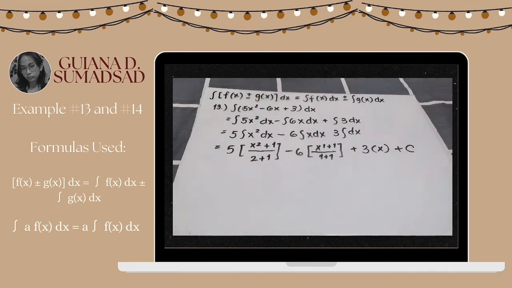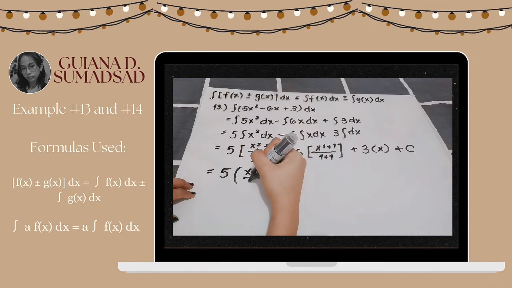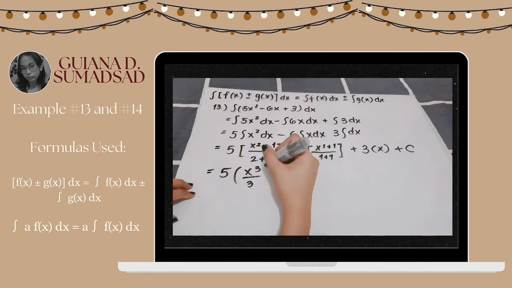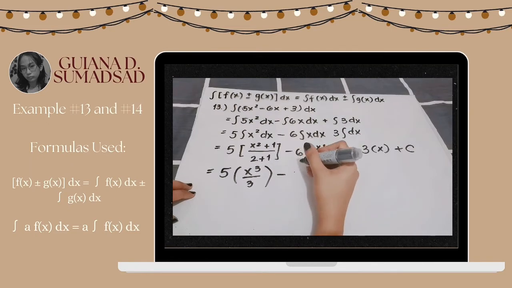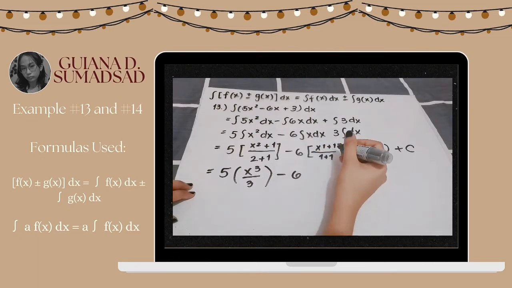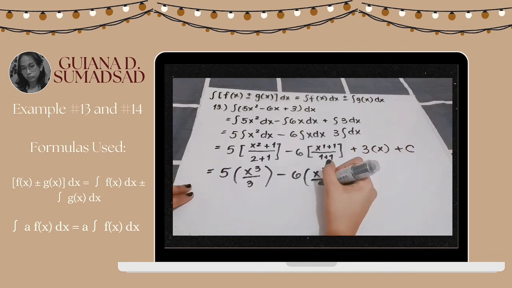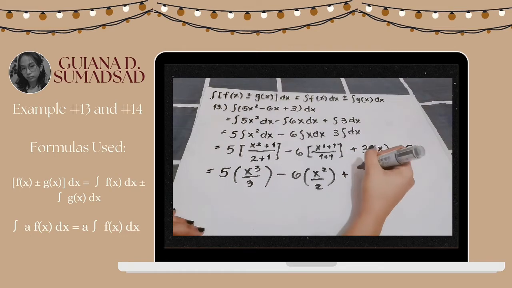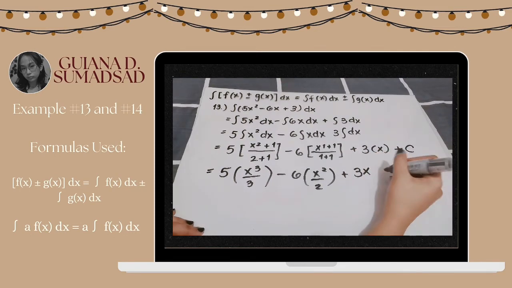The plus c is important, so we should not forget the plus c. Then we're going to simplify 5 x cubed over 3 minus 6 x squared over 2. Then, plus 3x plus c.